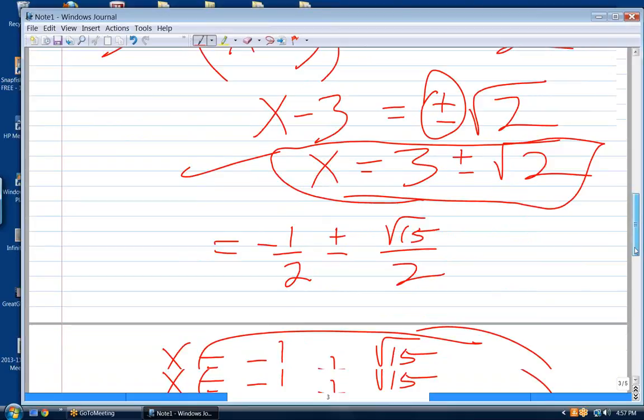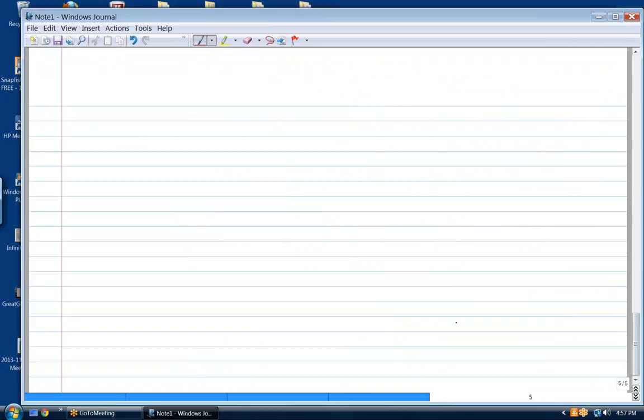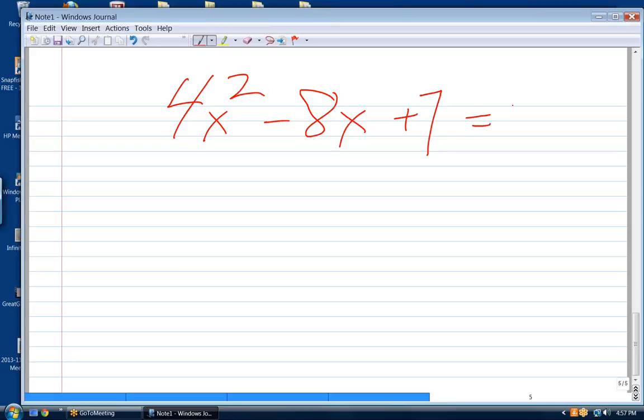That is an easy complete the square. Let me give you a hard complete the square, or harder. Now, again, we want that constant on the other side.